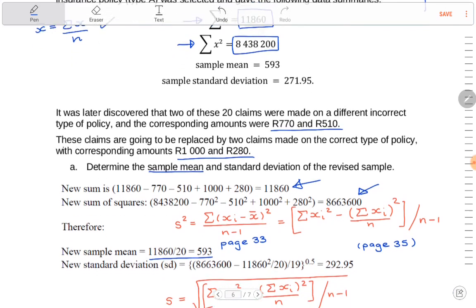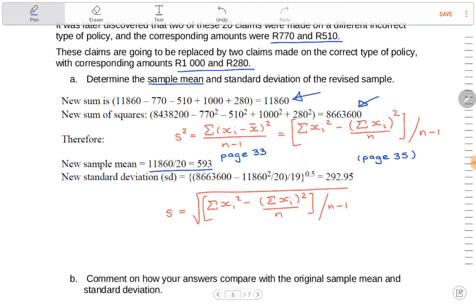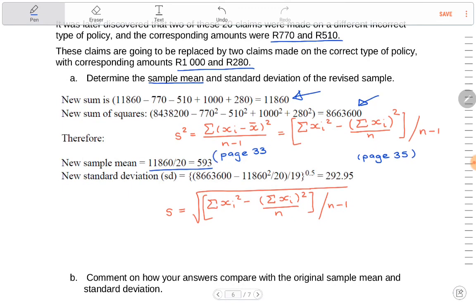Now if you want to calculate your standard deviation, you need to use the formulas in the book. On page 33, you'll have this first formula, but we don't usually use that one. We use the computational formula, which is on page 38. It'll be in your formula sheet as well. On page 38, you'll see something like SXX, and it's over n minus 1.